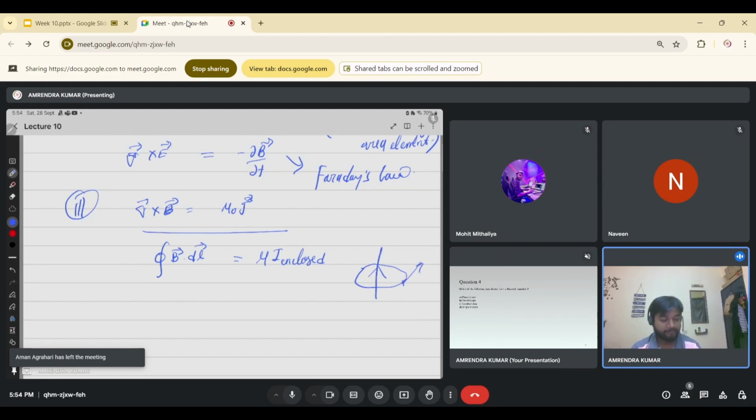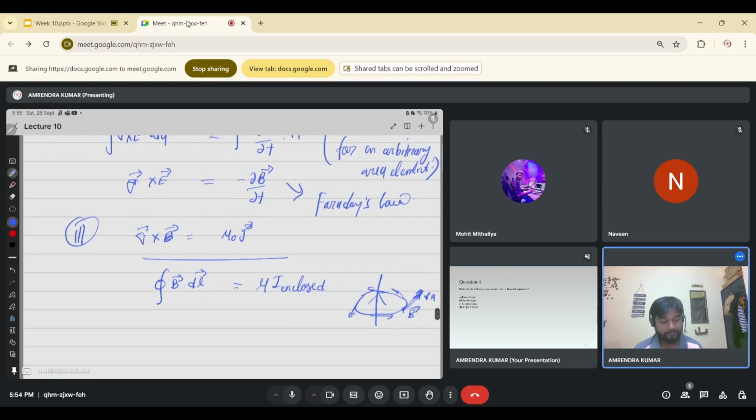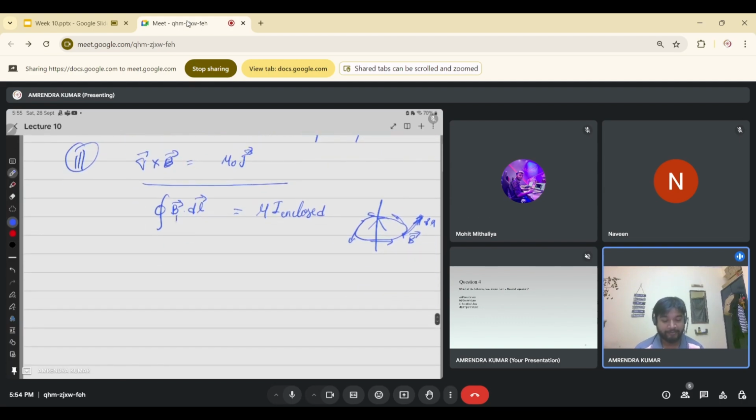So the magnetic field is B, and this is the dl, the length here, here, and here, all around. The generated magnetic field B will be equal to mu I enclosed, where mu is the magnetic permeability and I enclosed is how much current this loop includes.